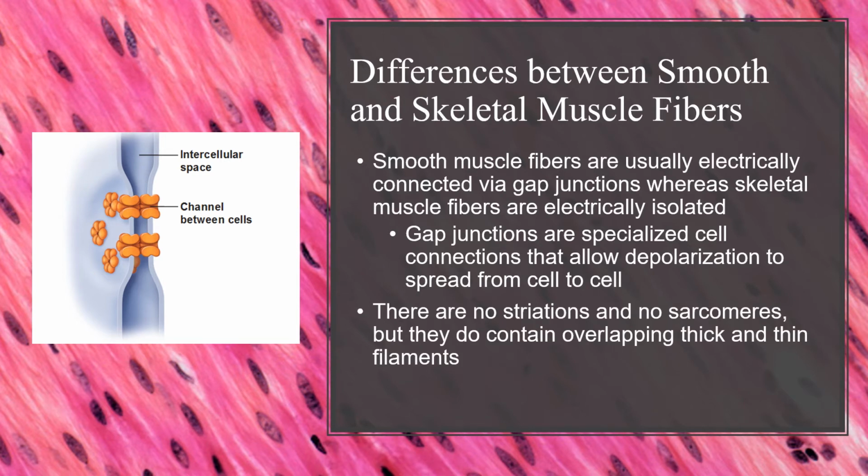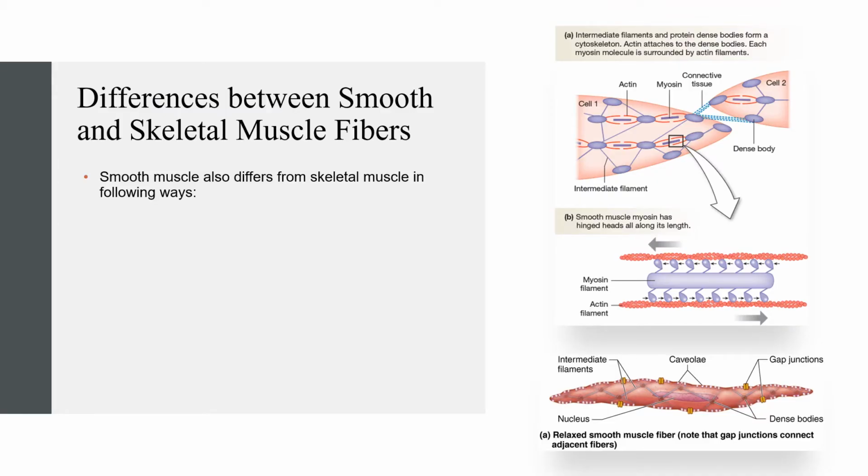There are going to be no striations and no sarcomeres in the smooth muscle, and you will not really see much of this overlapping thick and thin filament in the same way that we see in skeletal muscle. So smooth muscle is going to have fewer thick filaments, okay? And the myosin heads are actually going to go along the entire length of the thick filament.